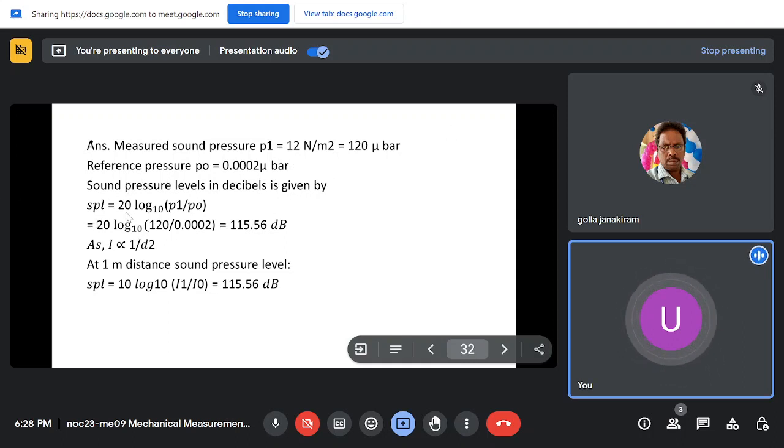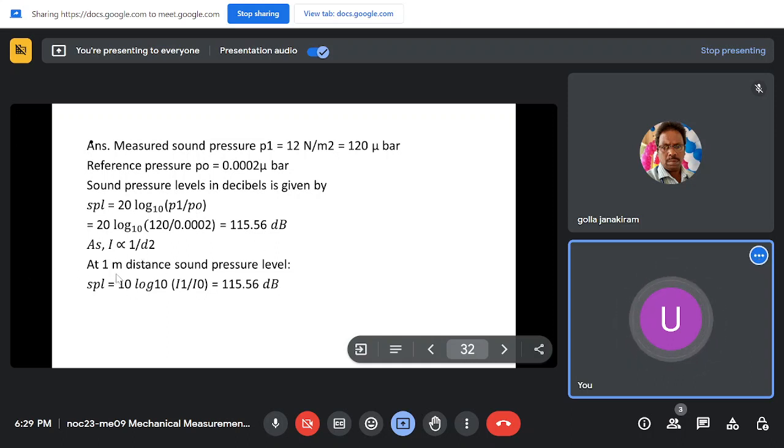So now we substitute: noise level equals 20 into log 10 P1 by P naught. We know P naught is 2 into 10 power minus 4, and the P1 value is 120. We substitute both, and we get the noise level as 115.56 decibel. As intensity is inversely proportional to distance square, and the distance is 1 meter, this will remain the same.